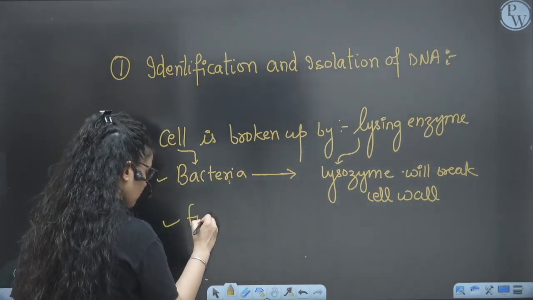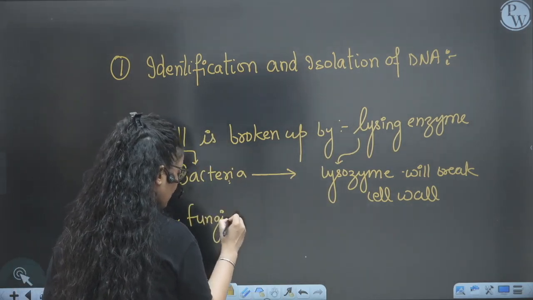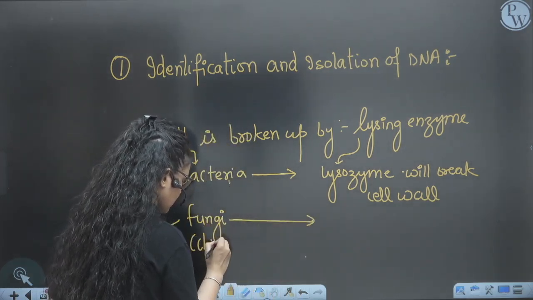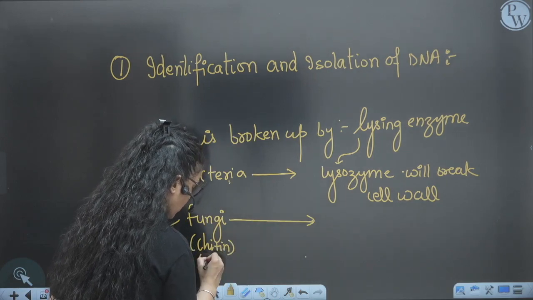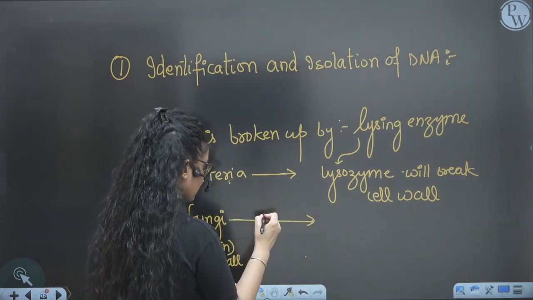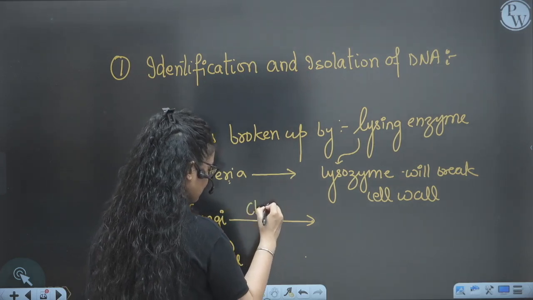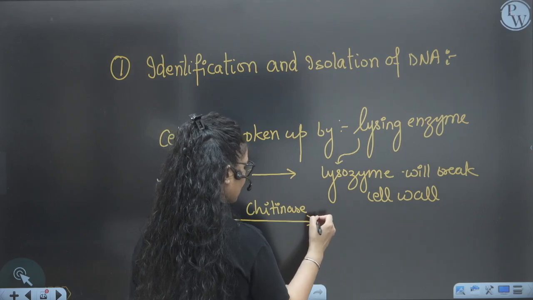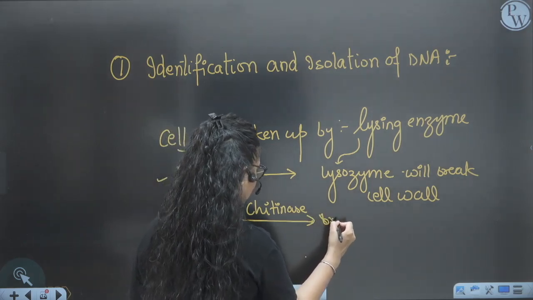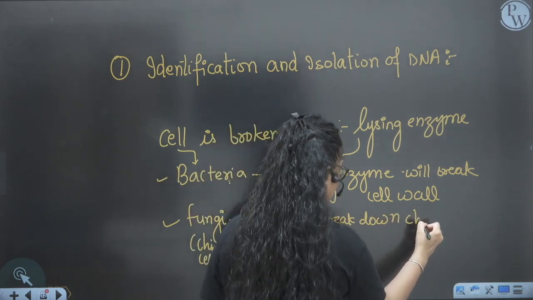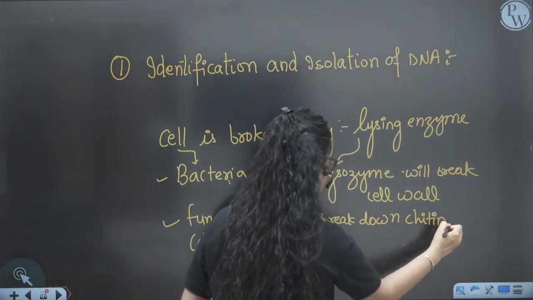When we talk about fungi, the fungal cell wall is made up of chitin. This chitin cell wall will be broken down by which enzyme? We have the chitinase enzyme. This chitinase will break down chitin, which forms the cell wall of the fungi.